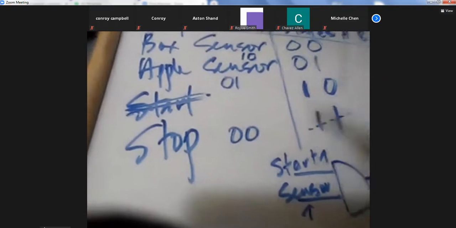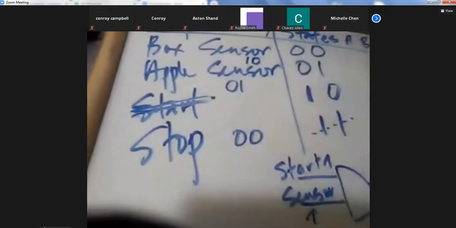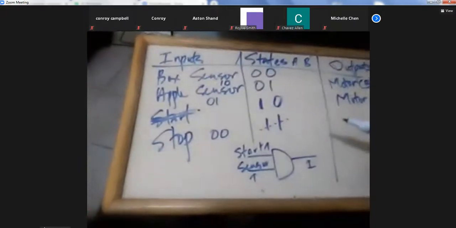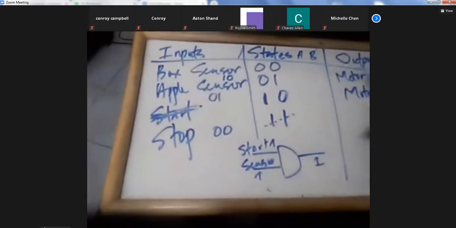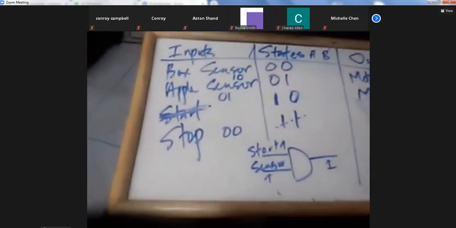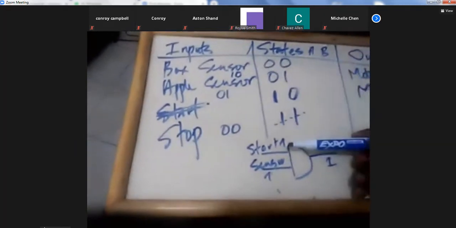All right. So we line up our inputs, we line up our outputs, we line up our states. We just look at the output and determine each of the states.